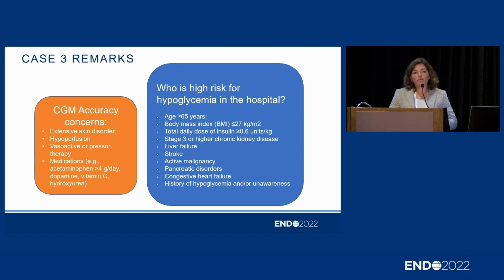One other comment is that this guideline statement, this recommendation, I think has a lot of applicability in the near future. Many of us during COVID were aware of the fact that the FDA did grant the emergency use authorization of CGM in the hospital during the pandemic.